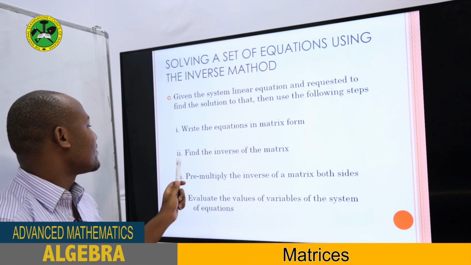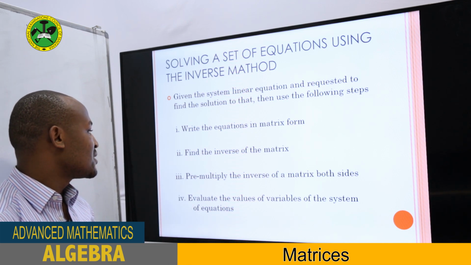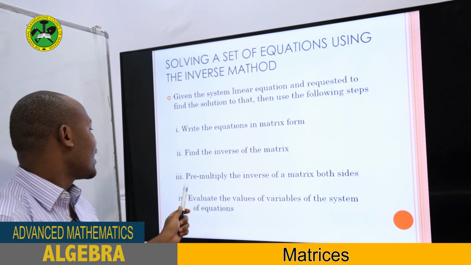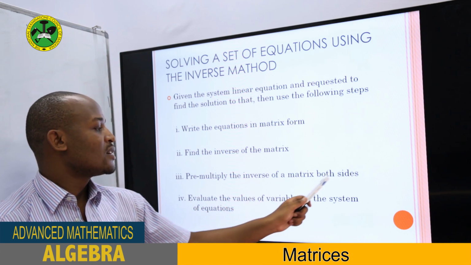Then the second step is to find the inverse of the matrix, and then we shall see which matrix we are supposed to find the inverse of. Then the third step is to pre-multiply both sides of the equation by the inverse of the matrix.